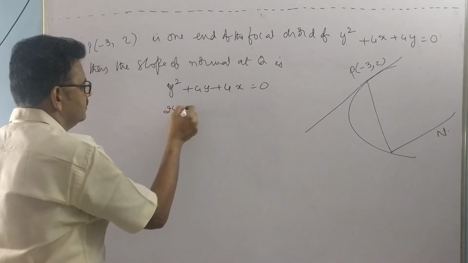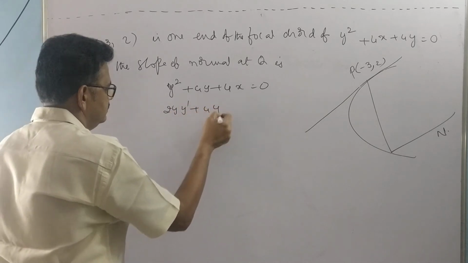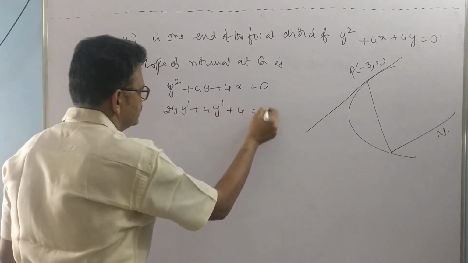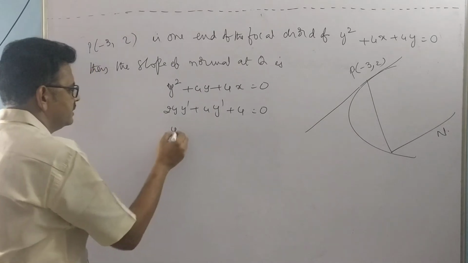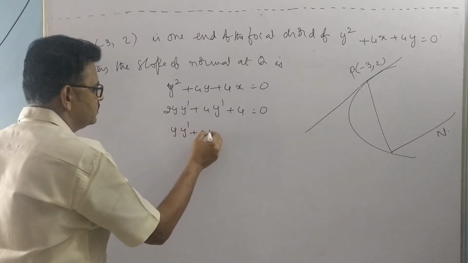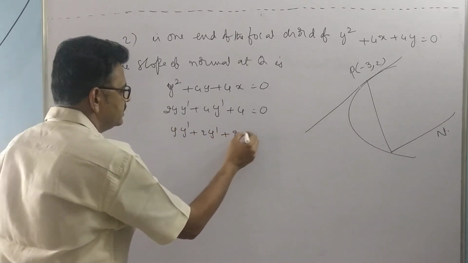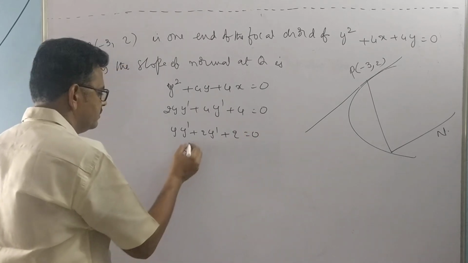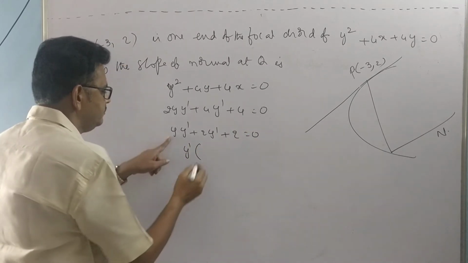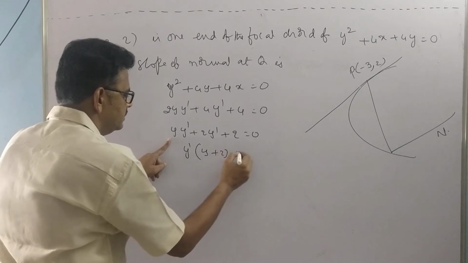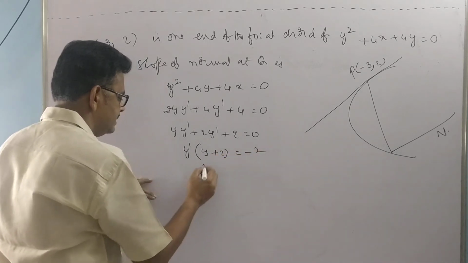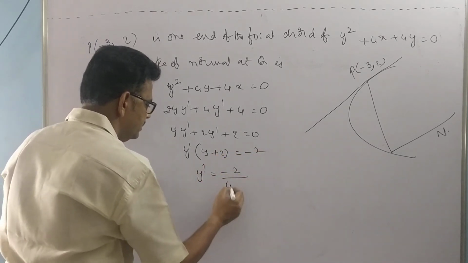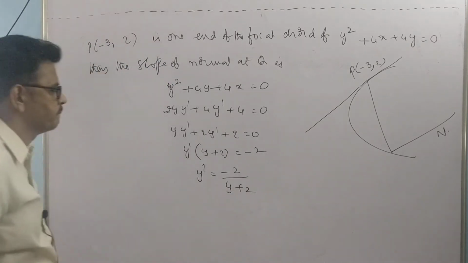Differentiating: 2y y' + 4y' + 4 = 0, that is y' + 2y' + 2 = 0. Taking y' common, y' (y + 2) = -2, so y' = -2/(y + 2).